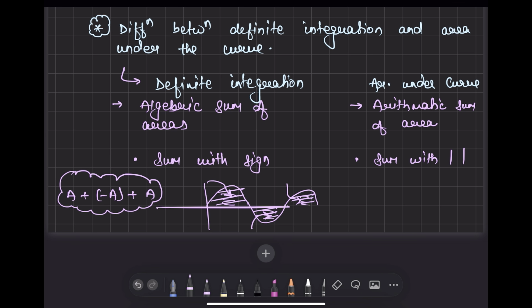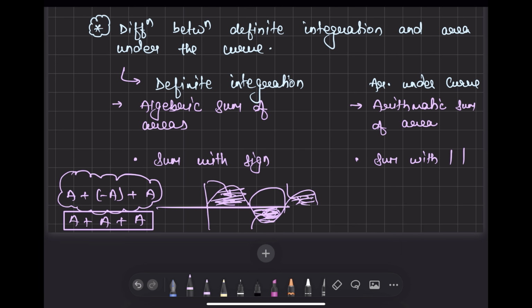Modulus sign means you know that this area was plus, this area was minus. So instead of writing minus, you will be writing plus: a plus a plus a. You know that area cannot be negative. That's why you will be writing area of first region plus area of second region plus area of third region, and then you will be adding everything. So this is the arithmetic sum.